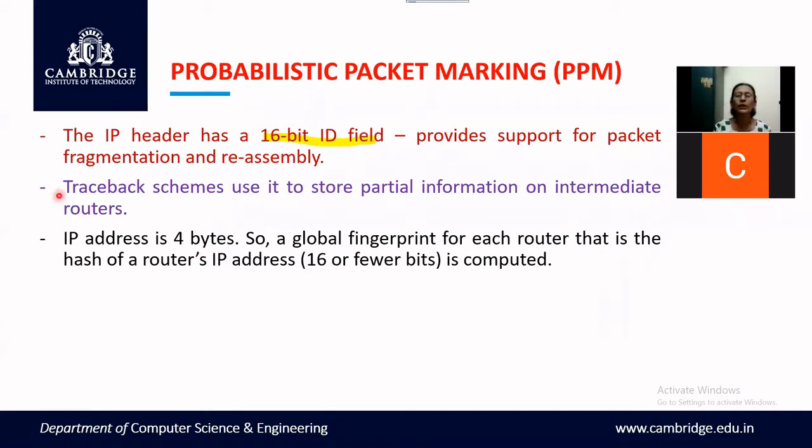So in order to reduce the size of the IP address, we use a global fingerprint for each router. What do we mean by this? We have studied cryptographic hashing. We take a hash of this IP address and store it, using a hashing algorithm which creates 16 or fewer bits. That is what will be stored in this 16-bit ID field.